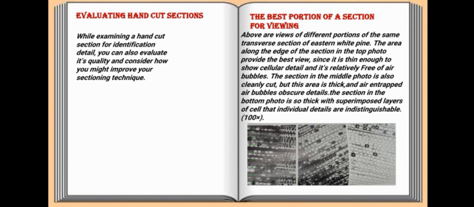The section in the middle photo is also cleanly cut, but this area is thick and air bubbles obscure details. The section in the bottom photo is so thick with superimposed layers of cells that individual details are indistinguishable.